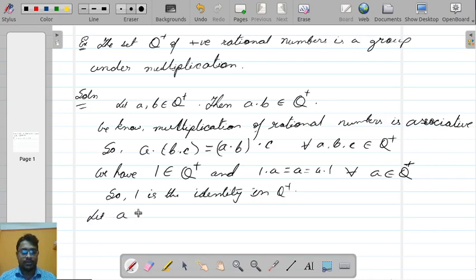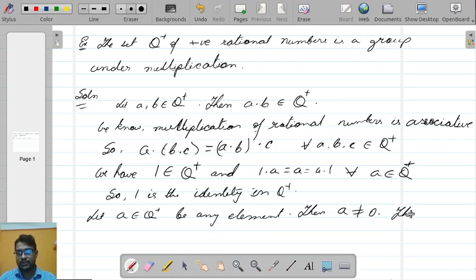Next we have to think about the existence of inverse element. Let A belong to Q plus be any element. Since it is a positive rational number, A is non-zero. Since A is non-zero, 1 by A is also a positive rational number; we can always take the reciprocal.